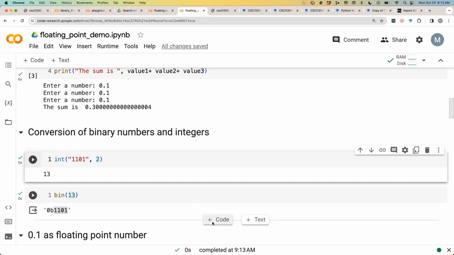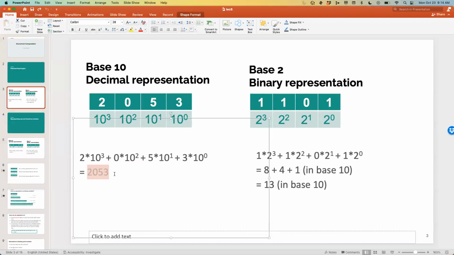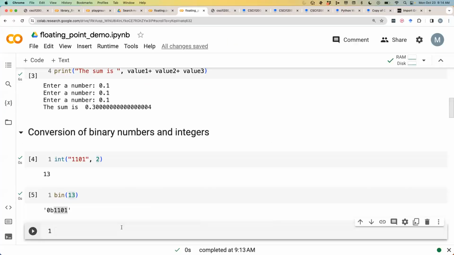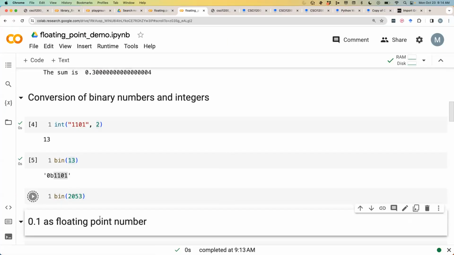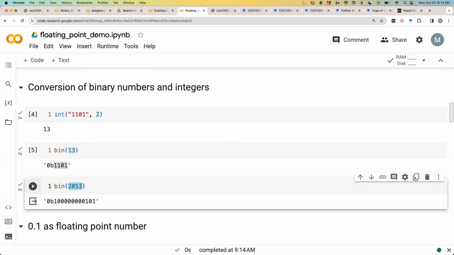Just to give you another example. Say this is an int in base 10. If I want to see how it's represented in the computer as a binary string, I do bin(2053), and it gives me this. So 2053 in base 10 is stored as a binary string of 100, a couple of zeros, and at the end 101.